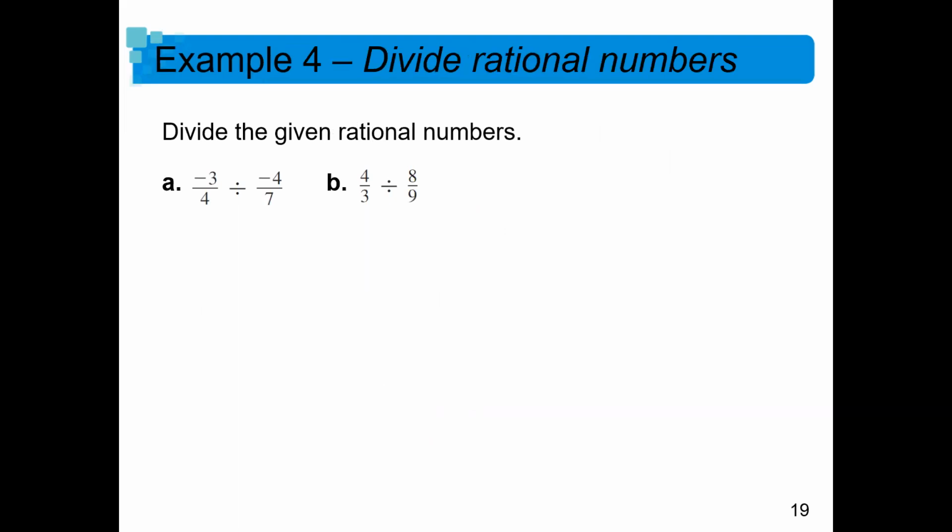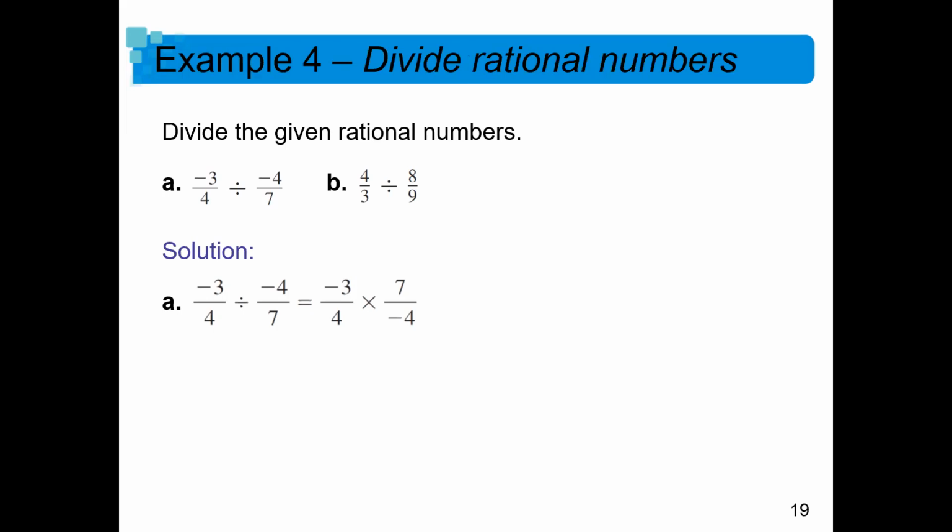In division, there's a rule I hope you still remember. When you divide a fraction by another fraction, you can convert the division into a multiplication, but you have to reverse the location of the numerator and the denominator of the second fraction.